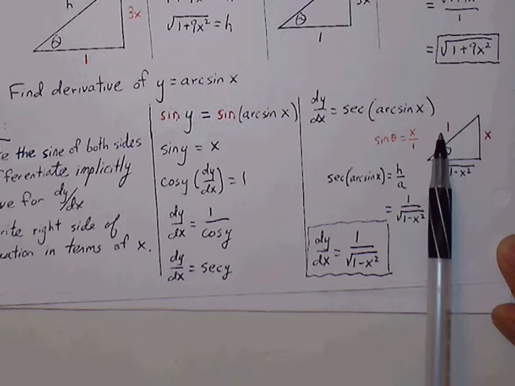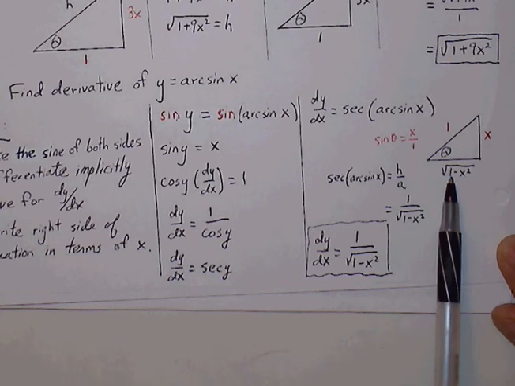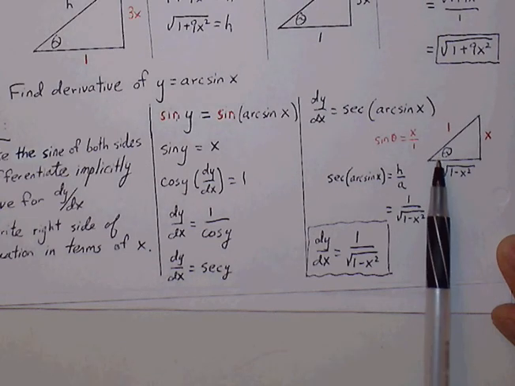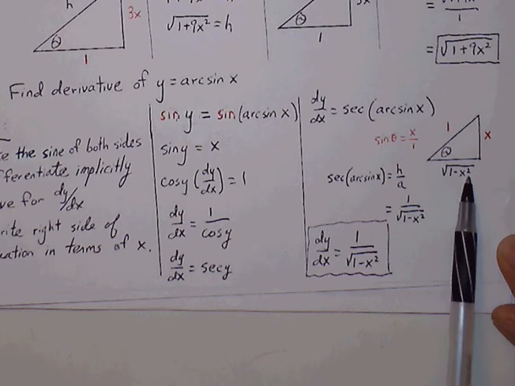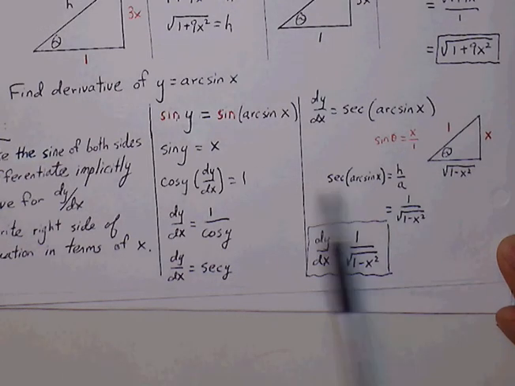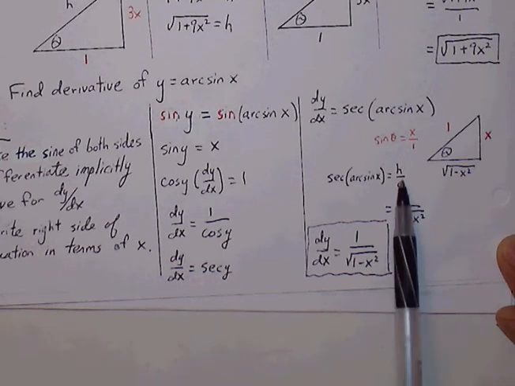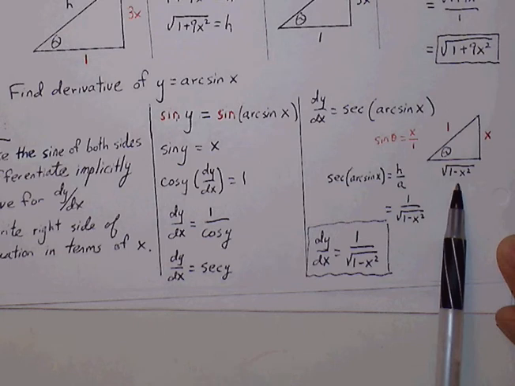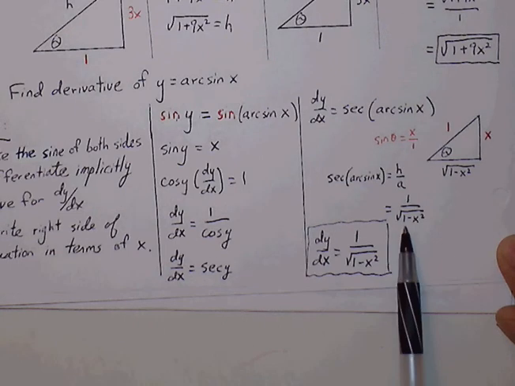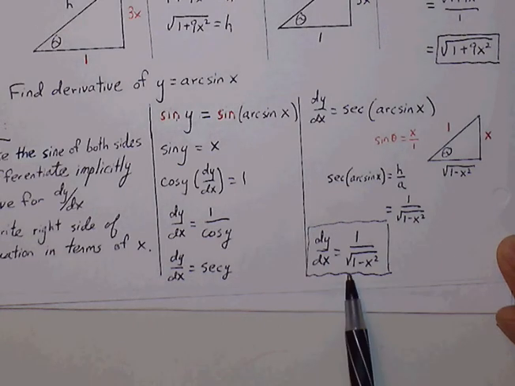Use the Pythagorean theorem to figure out the third side: the square root of hypotenuse squared minus x squared. So now the secant of theta, secant of my angle, is just hypotenuse over adjacent. Hypotenuse is 1. Adjacent is the square root of 1 minus x squared. So dy/dx is simply 1 over the square root of 1 minus x squared.